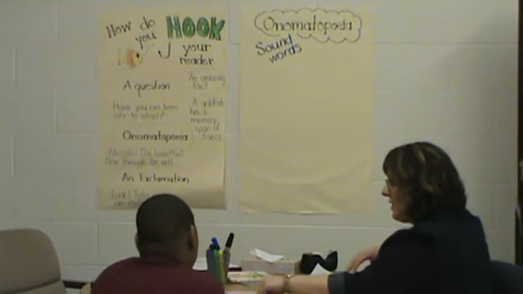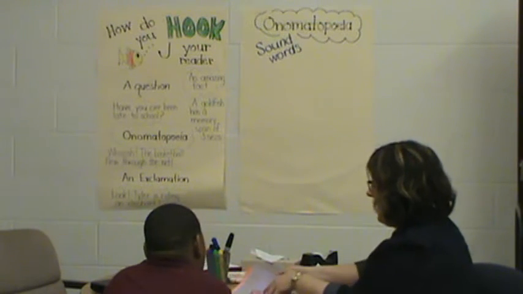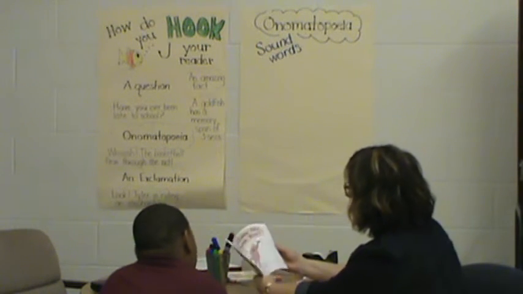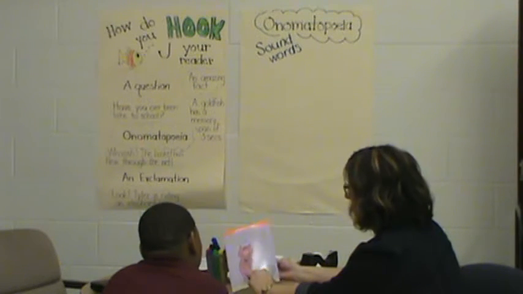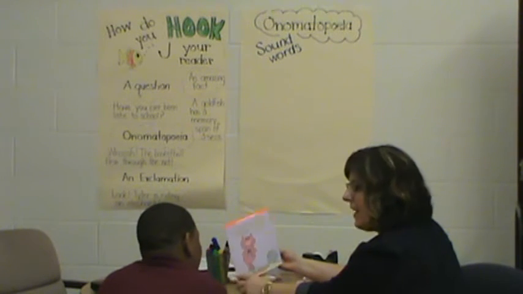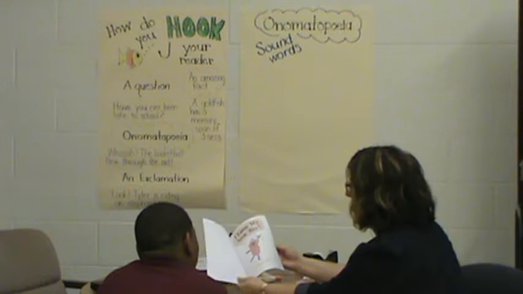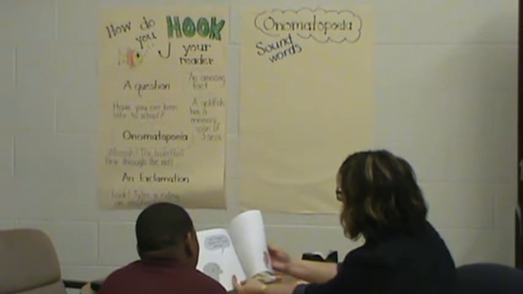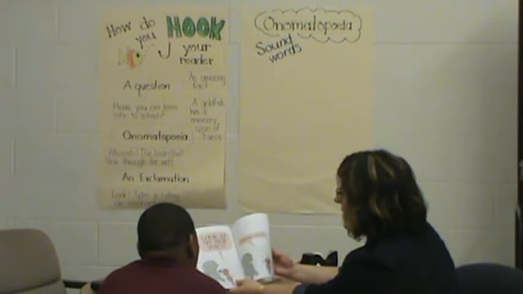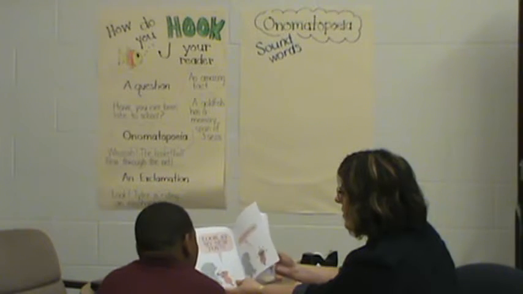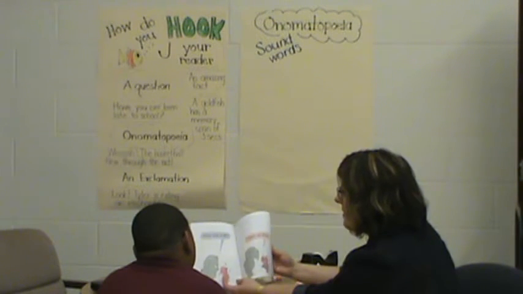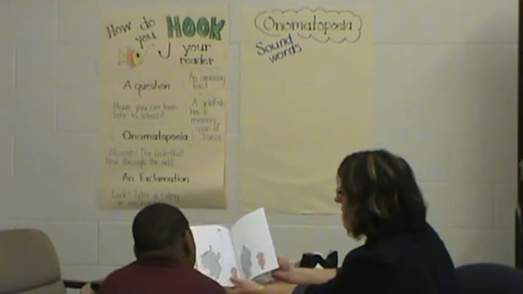So let's take a look at this together. I had that book, but it's a different book. It's a Mo Willems book with the pig and the elephant. Yeah, there's a few of those books. So if I just kind of see here, now these are words, okay? Even though they're in a voice box, these are just words. They're not sounds.